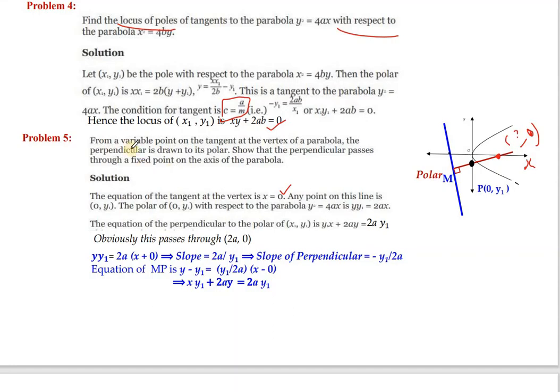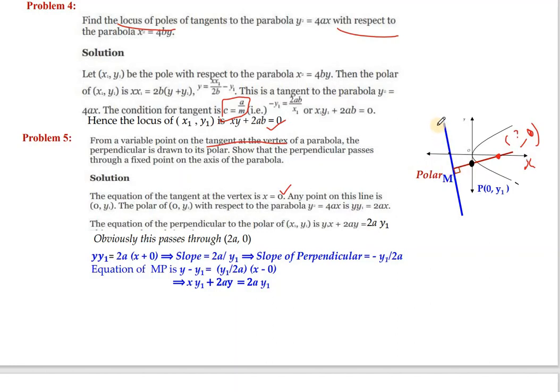Go to the statement: from a variable point on the tangent at the vertex. So you are considering the tangent at the vertex. So that is this line, which is the y-axis. Okay. The perpendicular is drawn from a variable point. So you take some point on it, you name it as P of 0, y1. Right. Then the perpendicular is drawn to its polar.